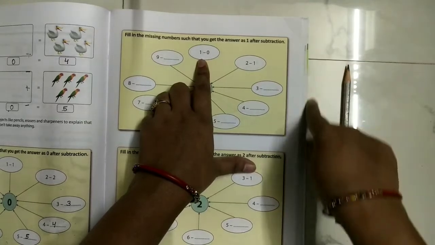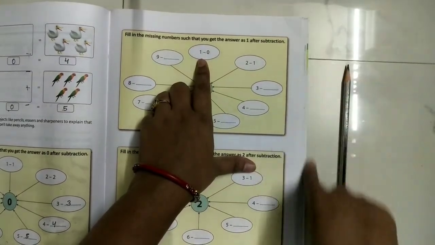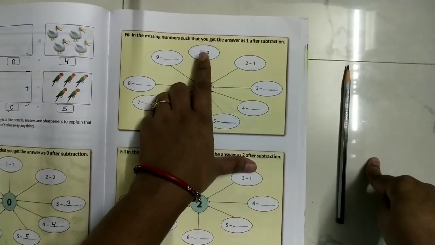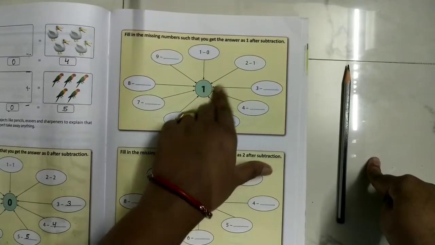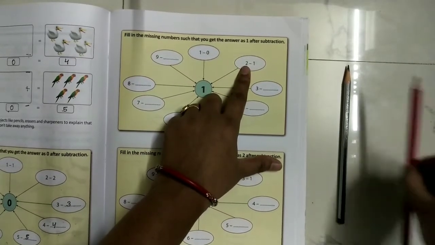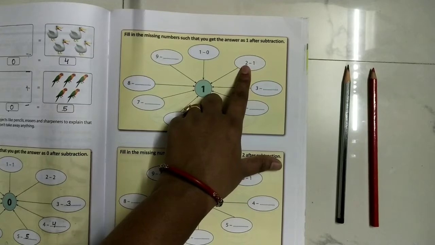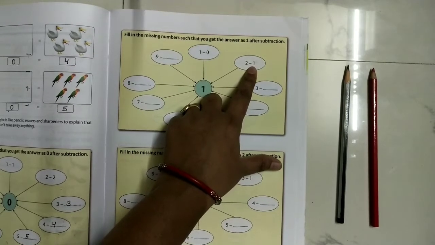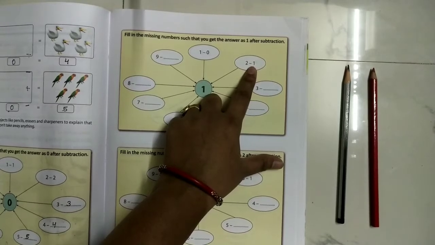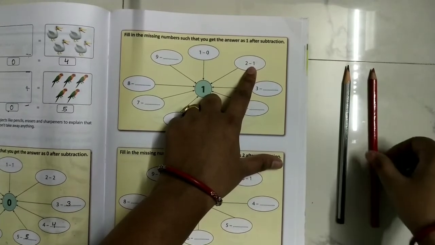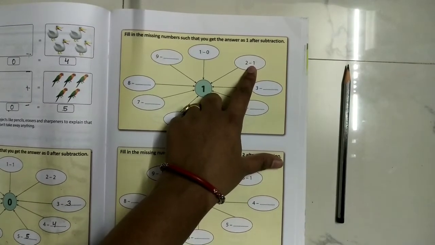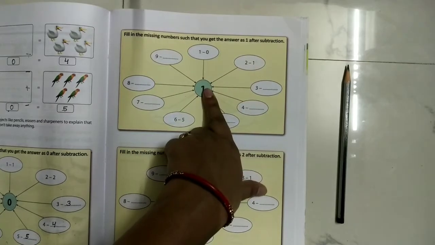It means when you take nothing from this pencil, it will be 1. So 1 minus 0 is equal to 1. When you have two pencils and you remove one pencil from it, 2 minus 1, it will be 1. 2 minus 1 is equal to 1.